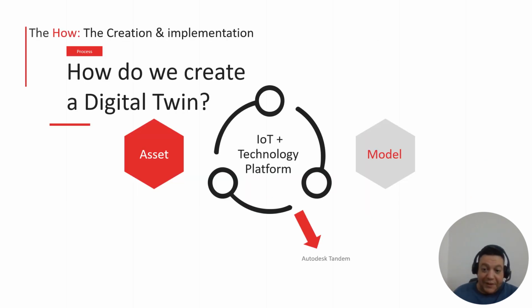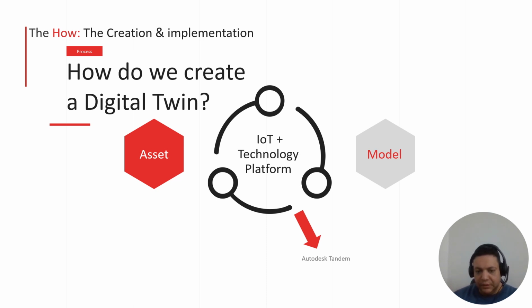So we reach the how, and through the how, of course, first how it's created. By now we have an asset and we have a model that is a replica of the asset, and through an IoT technology platform we have our digital twin.